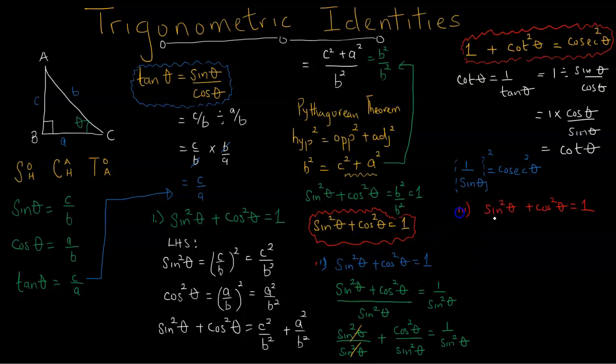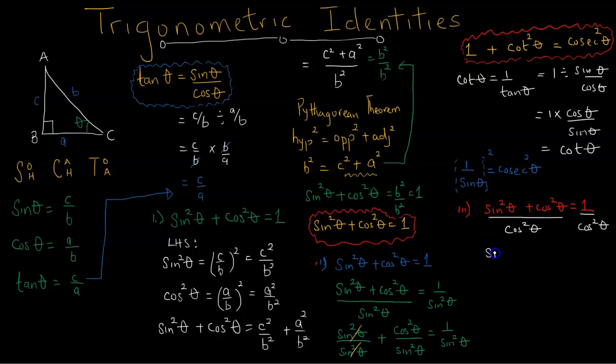So the third one, we are also going to start off from the first identity, sine squared theta plus cos squared theta equals 1. But unlike what we did here, when we divided both sides by sine squared theta, now we are going to divide both sides by cos squared theta and see what happens. So also, I can split this cos squared across the two items at the top.